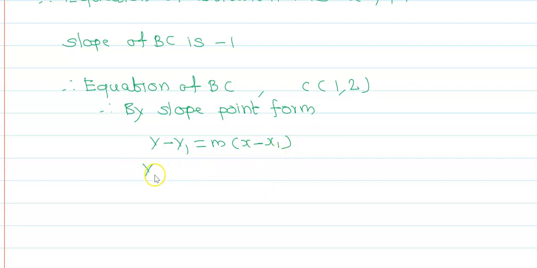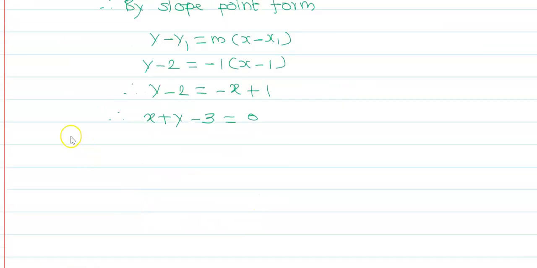Substitute the values: y minus 2 is equal to minus 1 times (x minus 1), so y minus 2 is equal to minus x plus 1, and hence x plus y minus 2 minus 1, that is minus 3. This is the equation of BC.